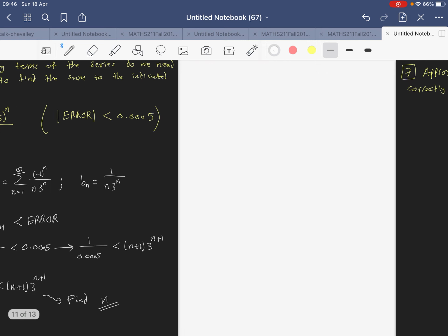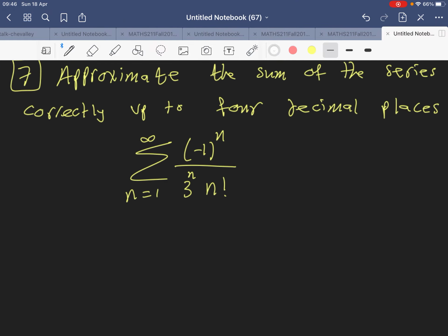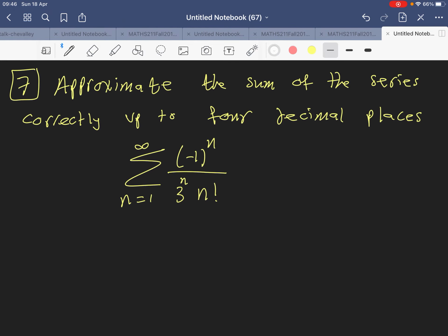Now let me go to question number 7. It says approximate the sum of the series correctly up to 4 decimal places. So we have 4 decimal places, and we need to do them in that way.